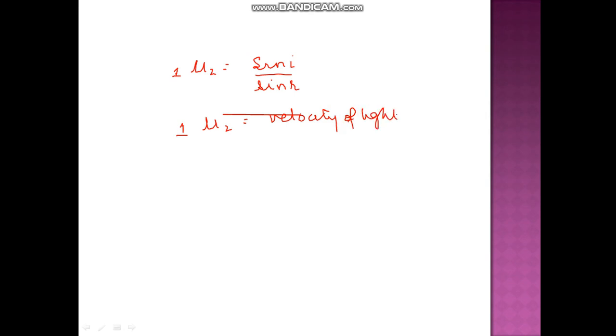So now children, what we can say is that we are aware that refractive index is written as 1 mu 2 equal to sin I upon sin R, and it is also written as velocity of light in medium 1 upon velocity of light in medium 2.